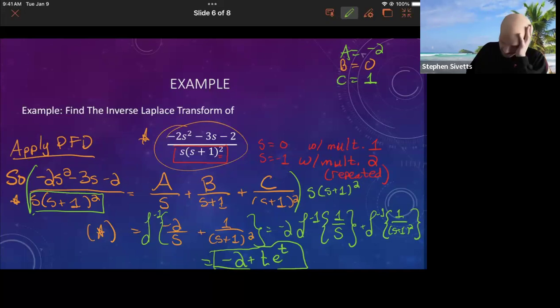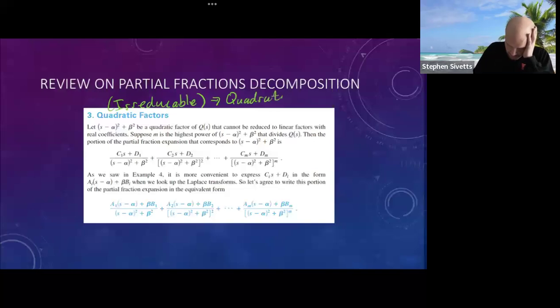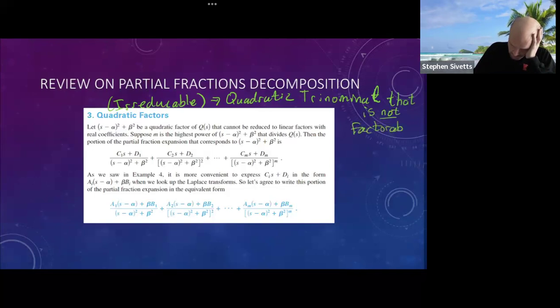So if we look at the last case, this is if we have what is called an irreducible quadratic factor. That just means it's a quadratic trinomial that is not factorable. Okay. So for example, like this one.